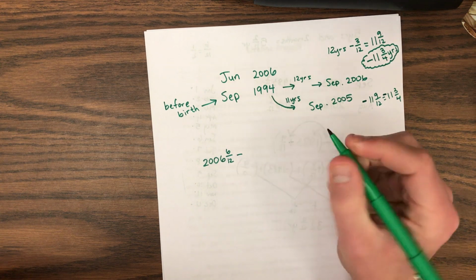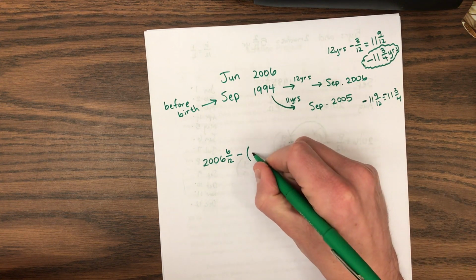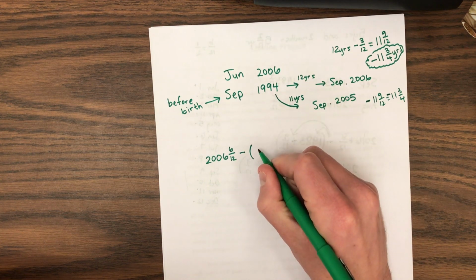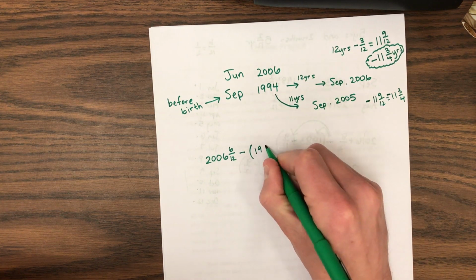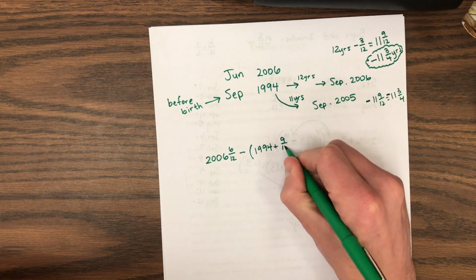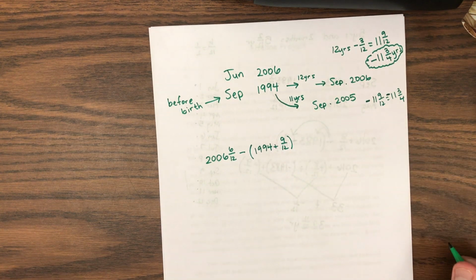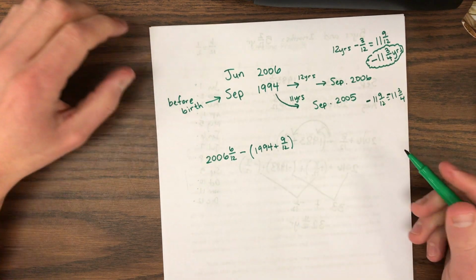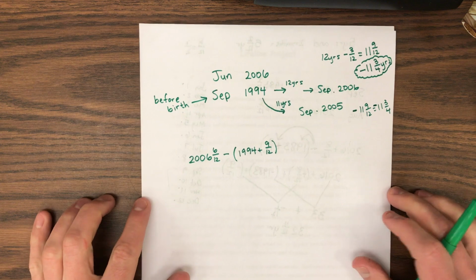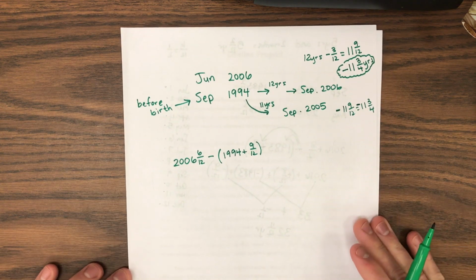So I'm going to subtract the quantity, so I'll put this all in parentheses so I have my whole September 1994 in here. It'll be 1994 plus 9/12. And if I just solve this problem correctly, I'll have the difference between these two times, and then I just got to remember to put a negative sign on it because this is something that happened before I was born.